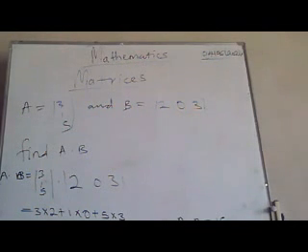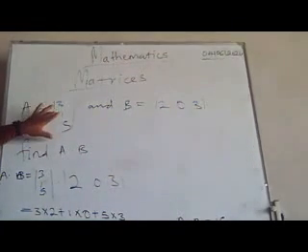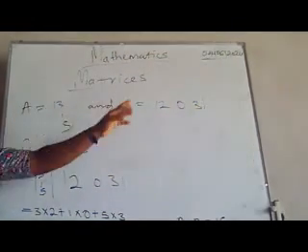Sorry for the network interruption. We were trying to find A dot B as A times B, matrix A times matrix B. Matrix A is given as 315, while B is 203. That's one column and one row.